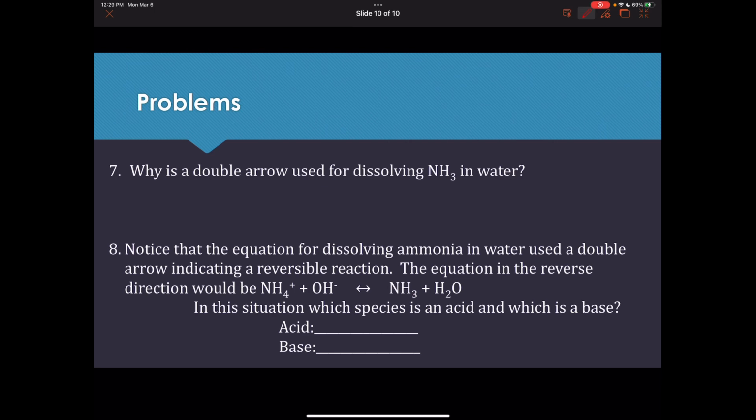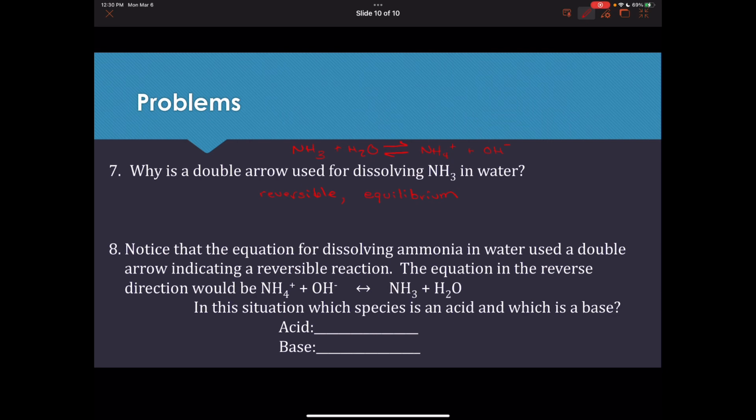Now, when we looked at our NH3, we had our ammonia interacting with water. Notice that we used the double arrows. If we recall from previous chapters, we always use that double arrow when that process is reversible. And remember, if it's reversible, we're going to have something that has an equilibrium.